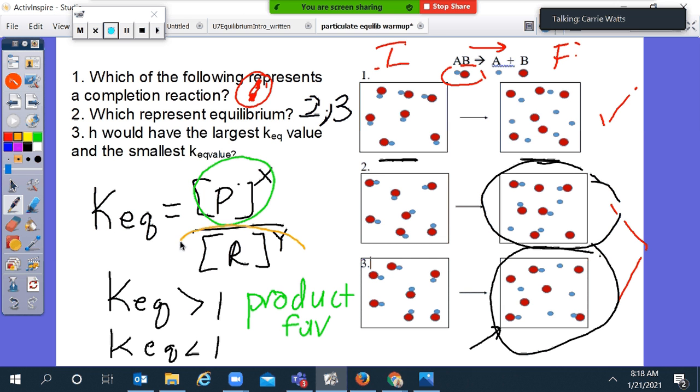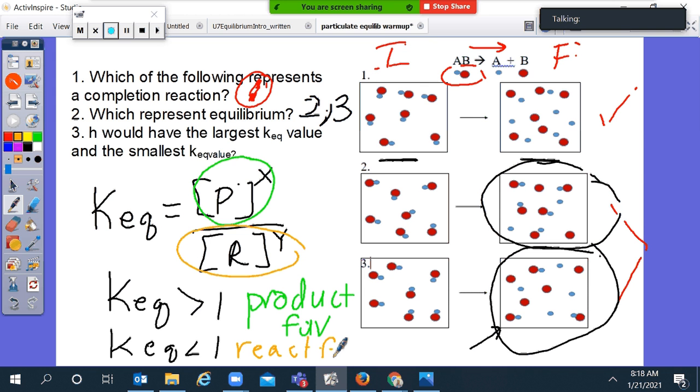If R is greater than P, you would have a fraction less than 1. That would be reactant favored. So the one with more product would be the one with the largest equilibrium value.